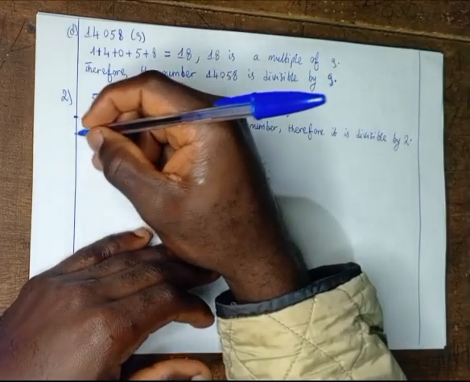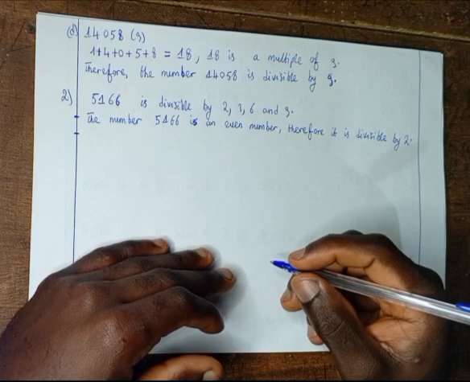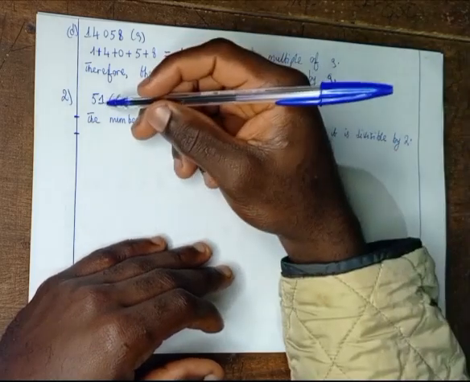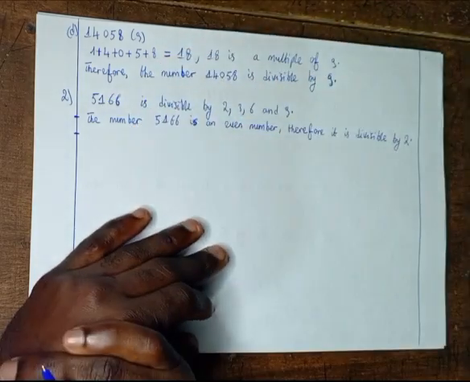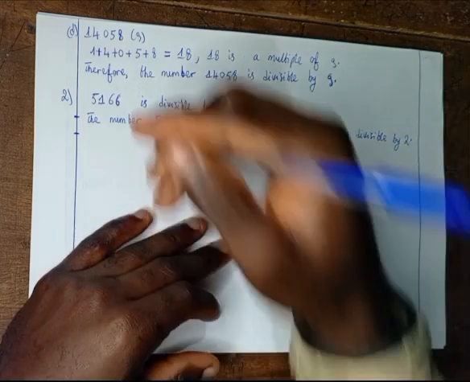Take now the next hyphen. We have to check whether it is divisible by 3. And this number is divisible by 3 if the sum of its digits is a multiple of 3.